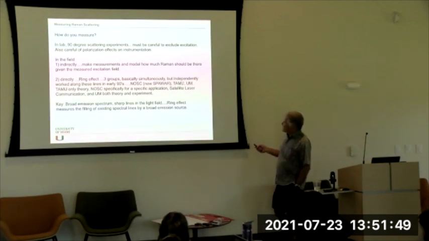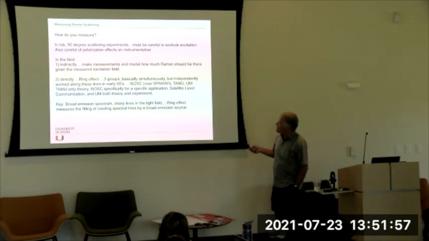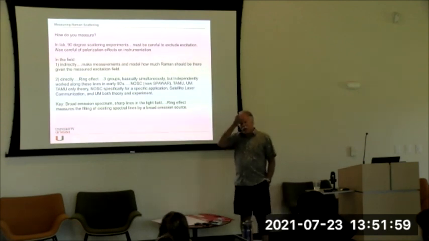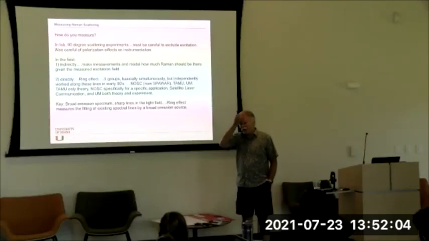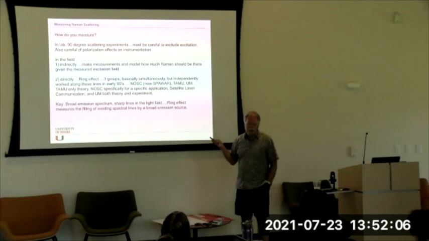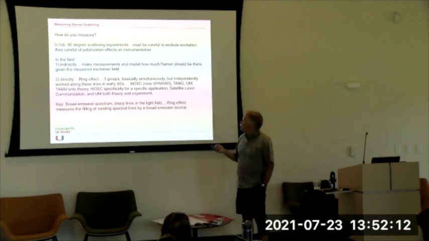Somebody's done it. And then I found out two other guys, George Kattawar, was starting to do experiment or theory on it. And these guys at NASA were worried about it. The reason they were worried was that at the time they were talking about the satellite laser communication, SLC program.